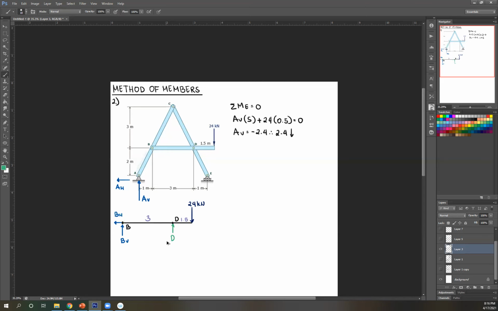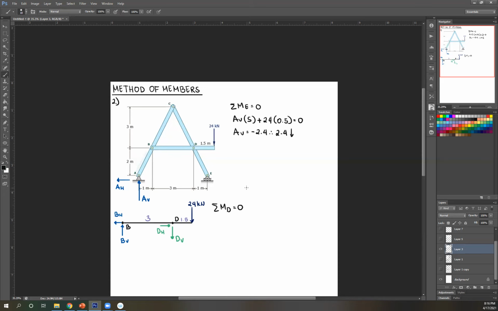So instead, we're going to do moment at D. Actually, let me just include these as well. I'm just going to guess that, just so you know that there are going to be reactions at this hinge. So once again, so that I don't have to deal with that, I'm going to use moment at B equals 0.